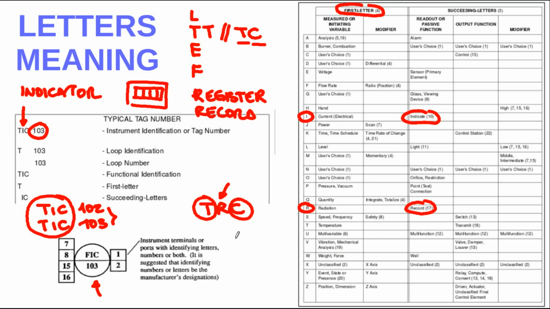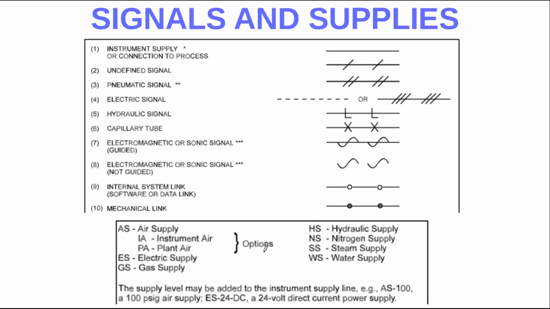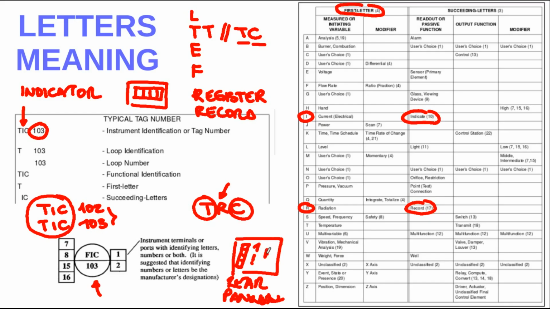As you may know, the device has a rear panel, and this rear panel has several pins, and these pins are numbered from 1 to N. So these numbers here, the meaning of these numbers is these elements, these pins in the rear panel.